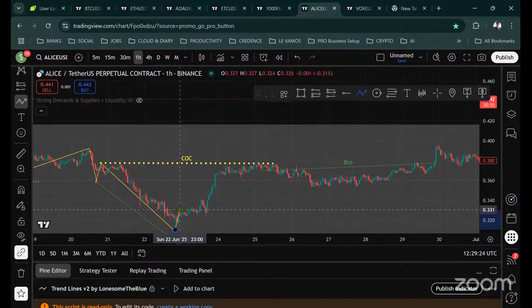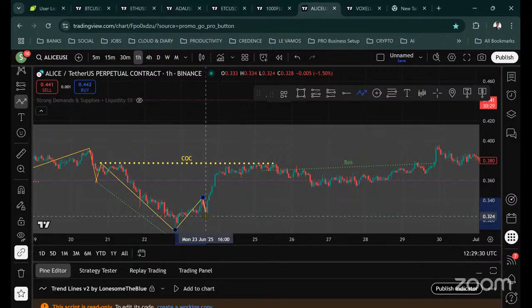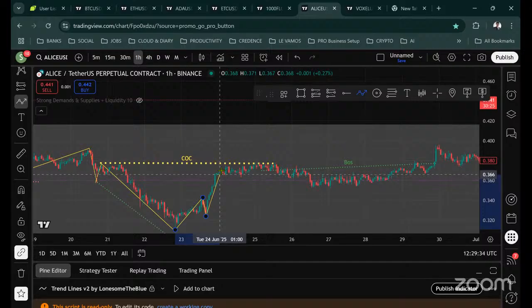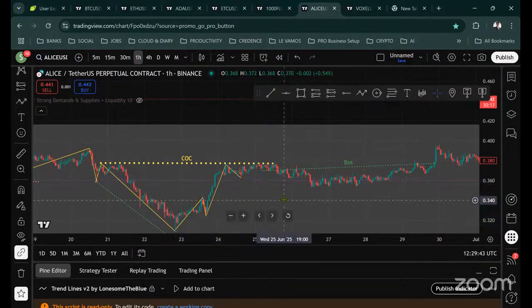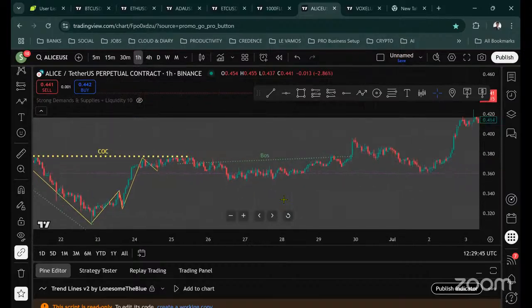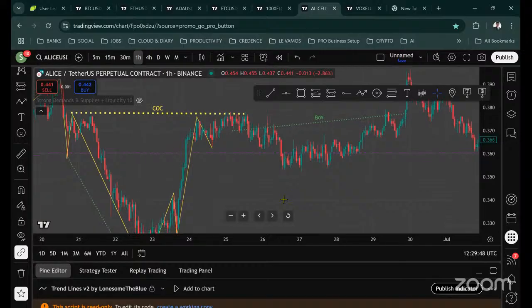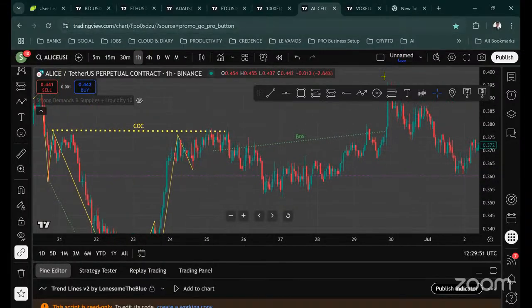So I need to identify all the valid pullbacks here. Yeah, this is a valid pullback. Then this is a valid pullback. Okay, so next. Yes.